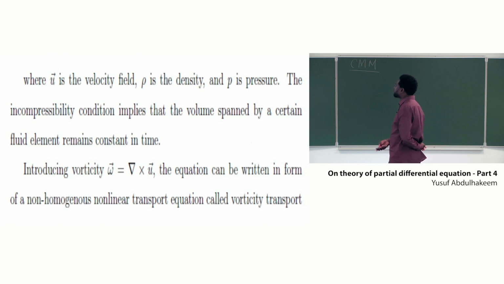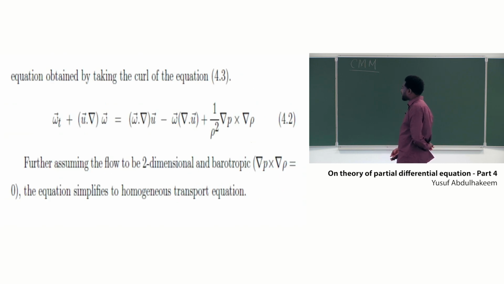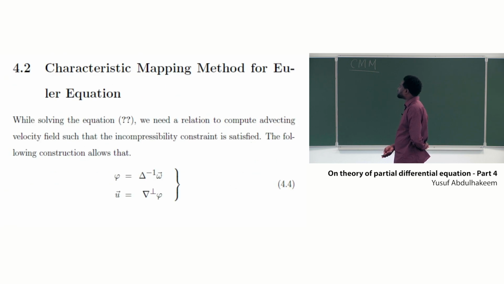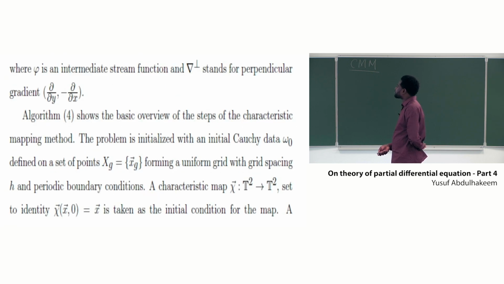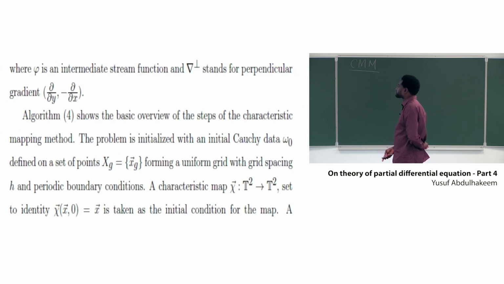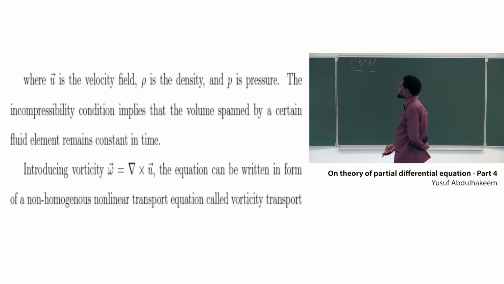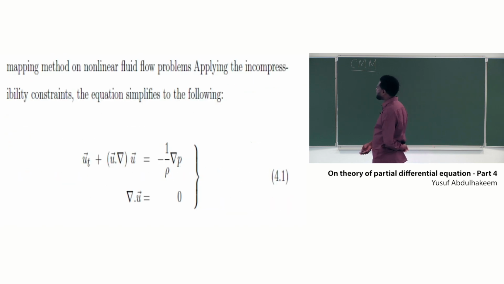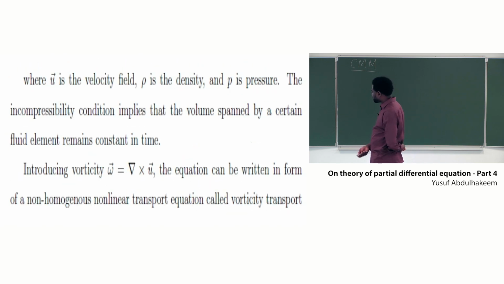And then after the presentation, we were able to show the vorticity of these equations. For the incompressible Euler, we look for the vorticity, which is the curl of u.